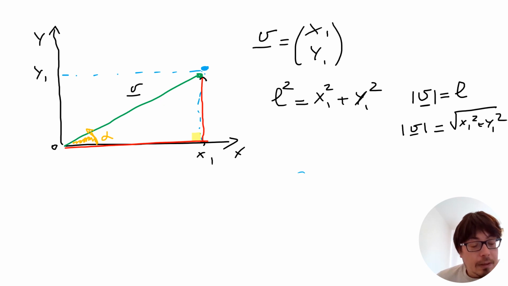Why? Because if we think that the x-axis is associated to the angle alpha equal to 0, because there is no angle between any vector on the x-axis and the x-axis itself, we can associate this angle here, which is maybe around 30 degrees, I don't know, close to 30 degrees.